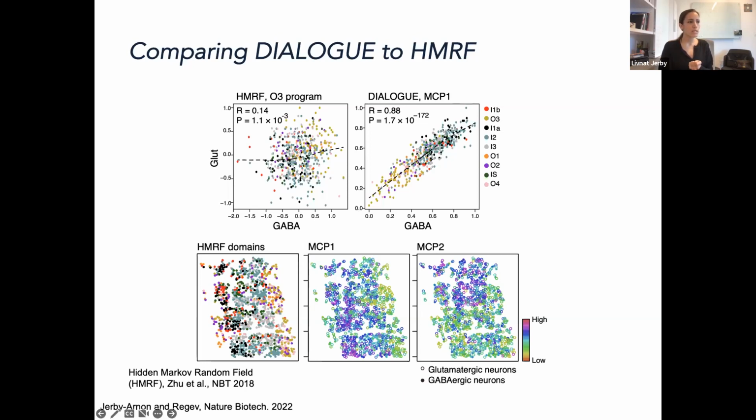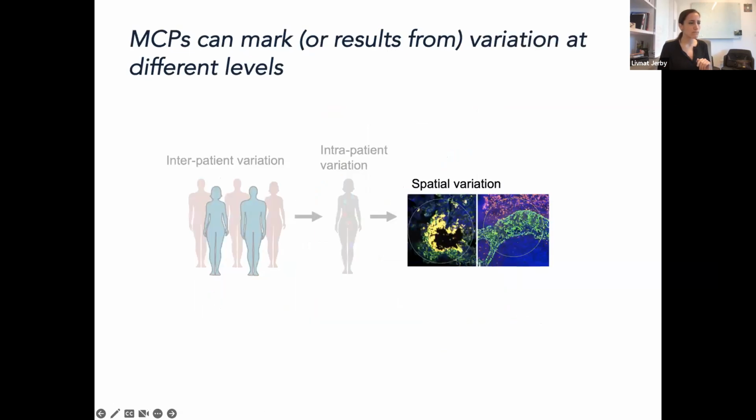And so perhaps it's not surprising that when we examine the domain-specific signatures that they identify, they do not show the property that we show with dialogue, where the expression of the different cell type specific components of the gene module are co-regulated and co-expressed spatially. And so while it captures domain-specific gene expression, it doesn't capture multicellular programs, at least as we define them. So you can see this here.